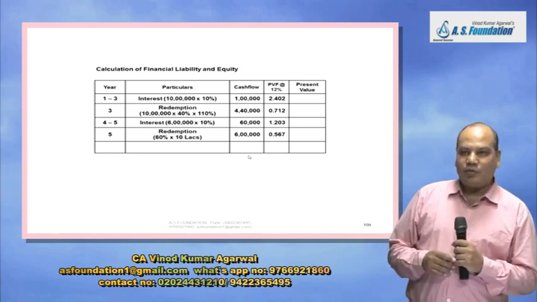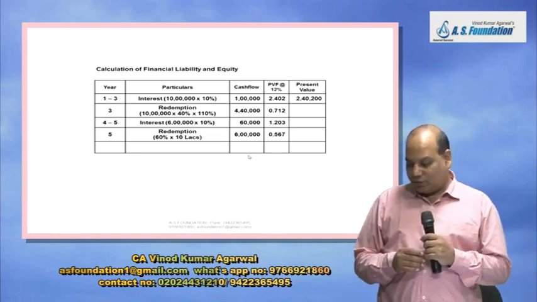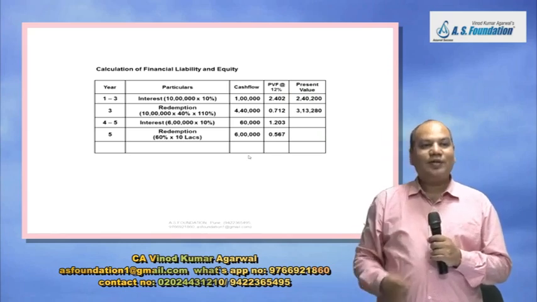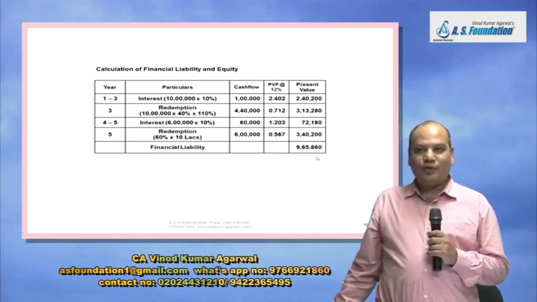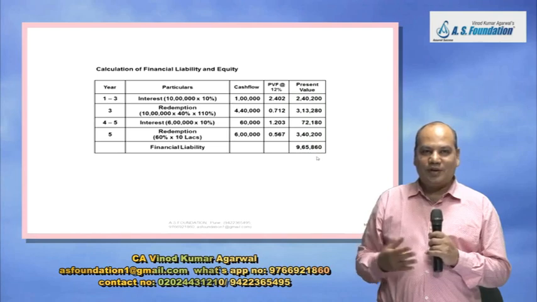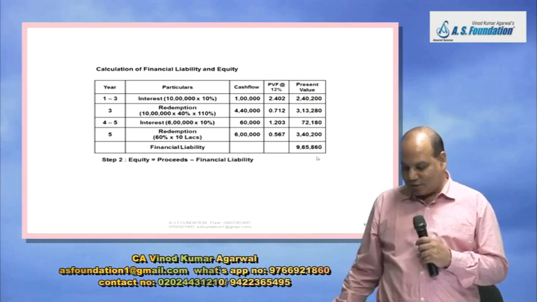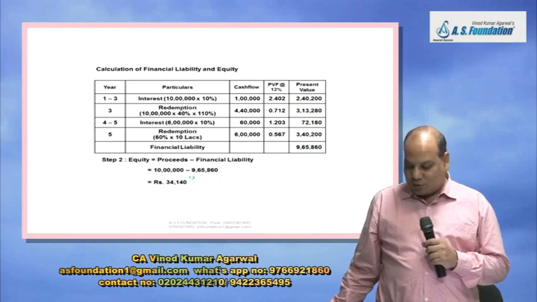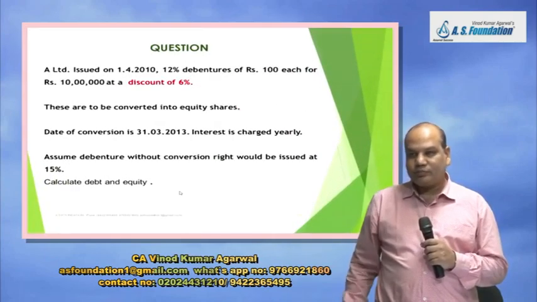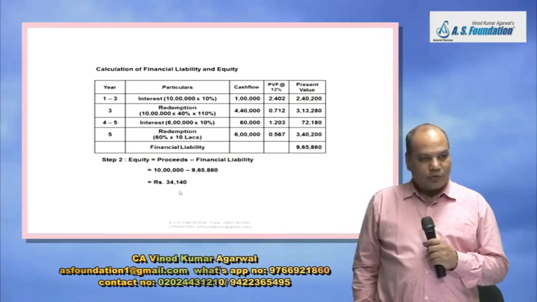Now you tell me what is the total of this financial liability. Yes, come on. 9 lakh 65,860 approximately. So how many of you got it right this time? Oh, wonderful. 99% result. Almost 100. So what is the equity now? 34,140 approximately.